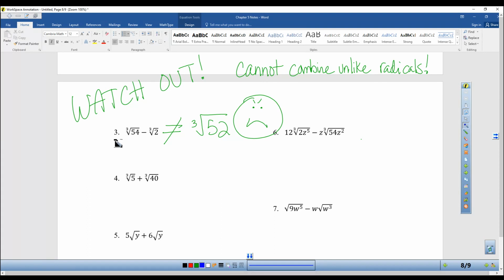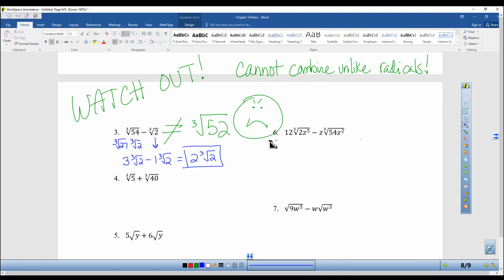So I break this down into parts I can do and parts I can't do. And now this is 3 cube roots of 2 minus 1 cube root of 2. You don't really need the 1, I'm just trying to help you out, which gives you 2 cube roots of 2. That's how you do it. If you would like, you could try the next several on your own.